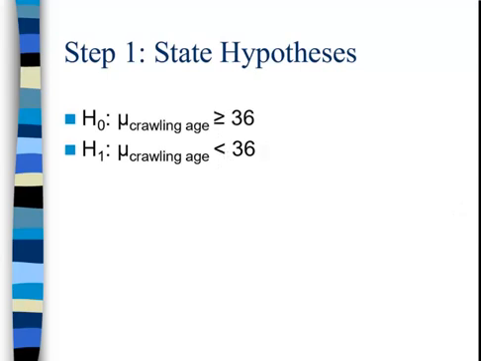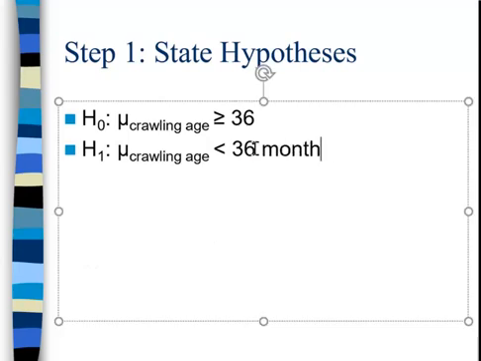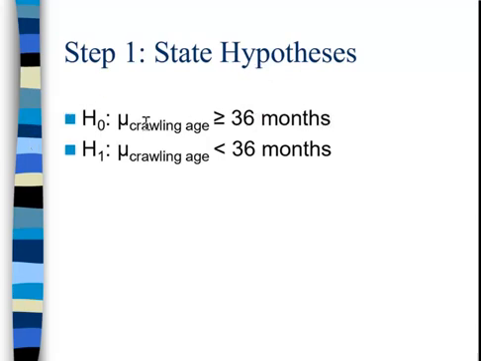So let me just show you. Our null would be, and let me fix this because it'll drive me crazy, that the mean crawling age for our sample should be greater than or equal to 36 months. And let's think about what these mean in simple language. Even though this is a greater than or equal, what it really means is that our sample crawling age should still be equal to the population mean, right?